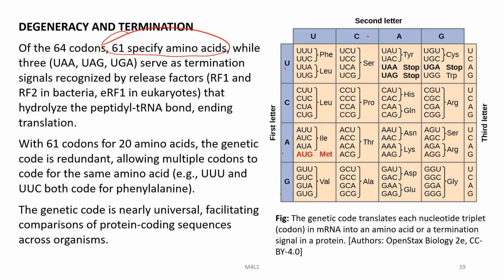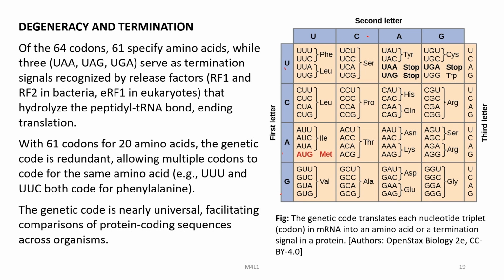This 61 corresponds to 21 amino acids. Many amino acids have more than 1 or 2 codons. This is what we call genetic redundancy. It allows multiple codons to code for the same amino acid, which we have described earlier.